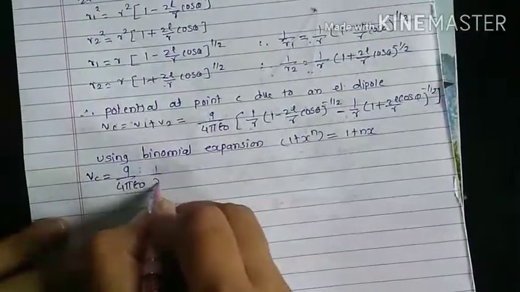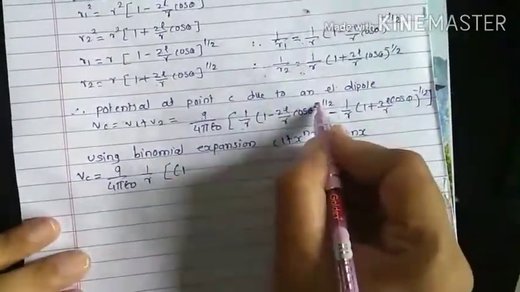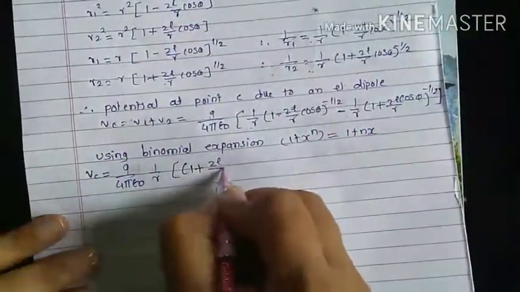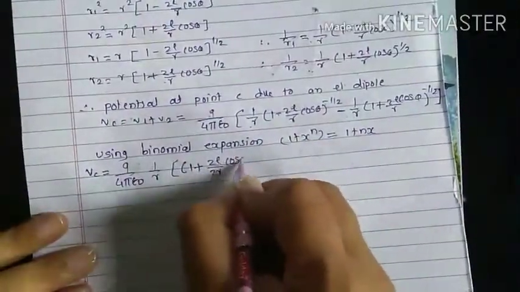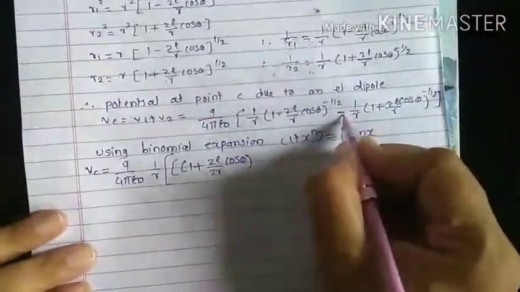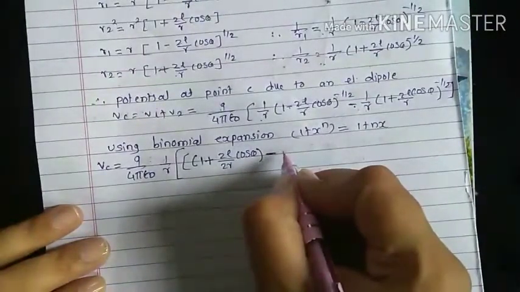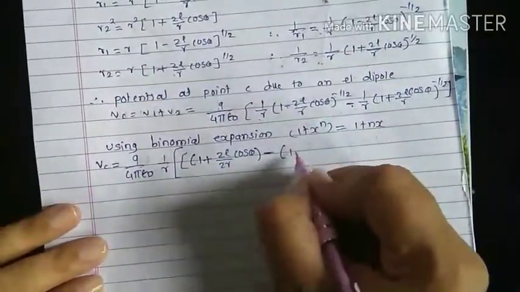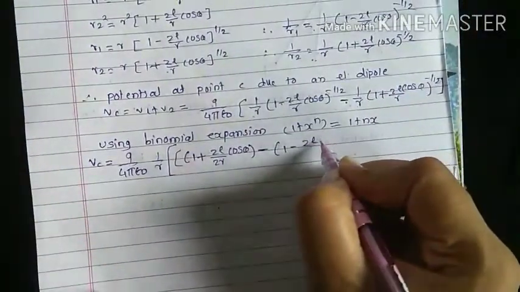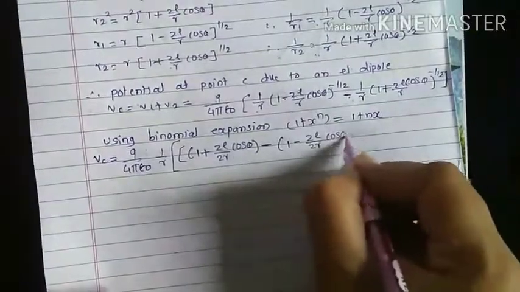This 1 upon R is common, and in a bracket, 1 minus and minus will be plus, 2L upon 2R cos theta, and here minus, in a bracket 1, this minus and plus become minus, twice L upon twice R cos theta.